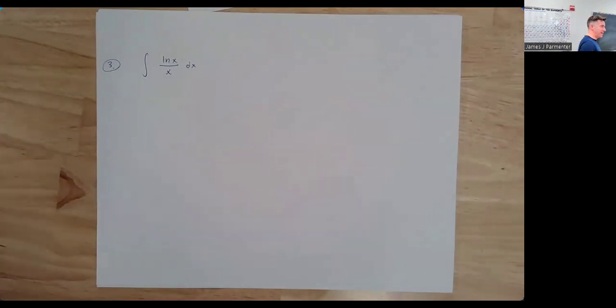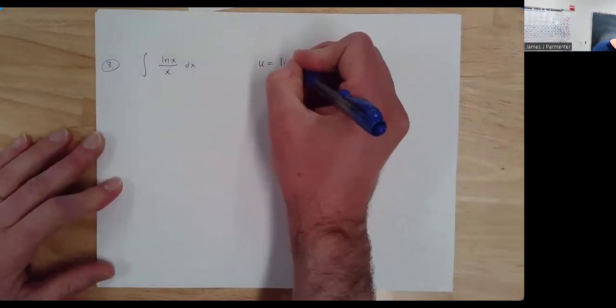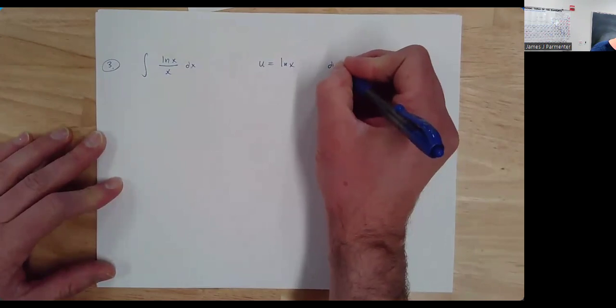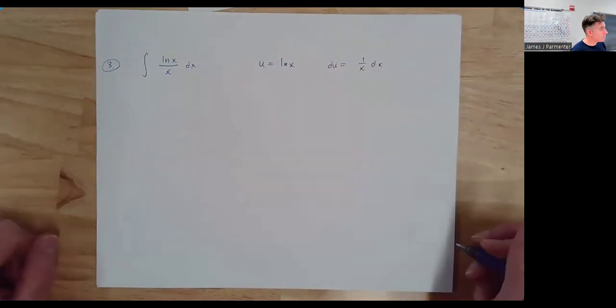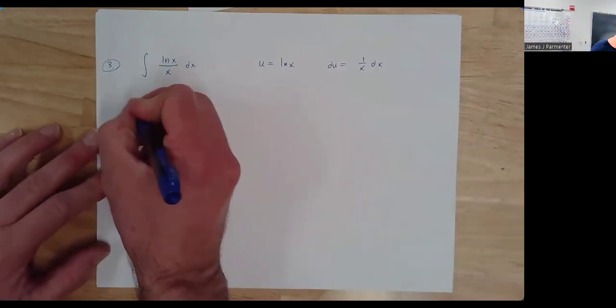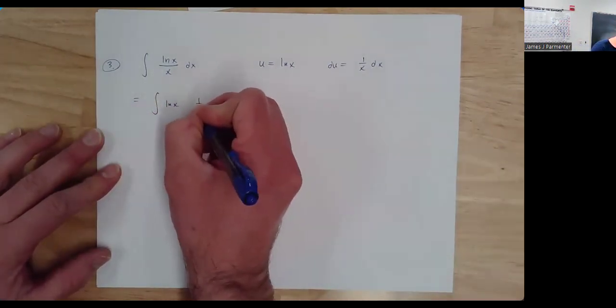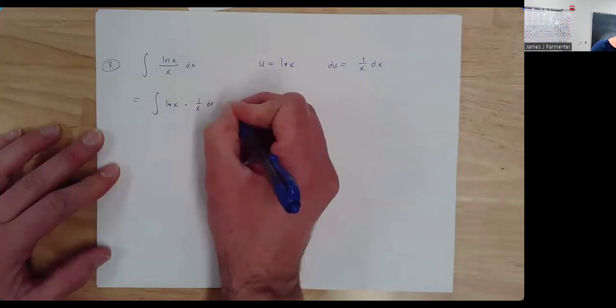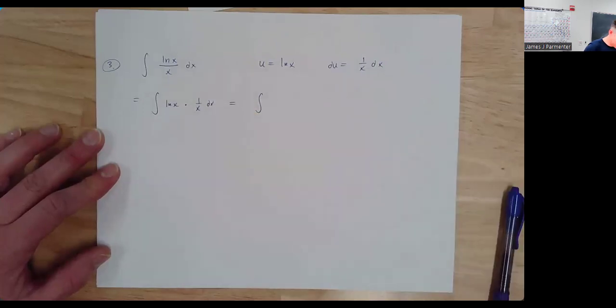Before I try integration by parts, I'm going to try a u sub, and it's going to work. If I let u equal the natural log of x, my du is exactly 1 over x dx, which I have. So I can rewrite this as the integral of the natural log of x times 1 over x dx, and the 1 over x dx is my du.